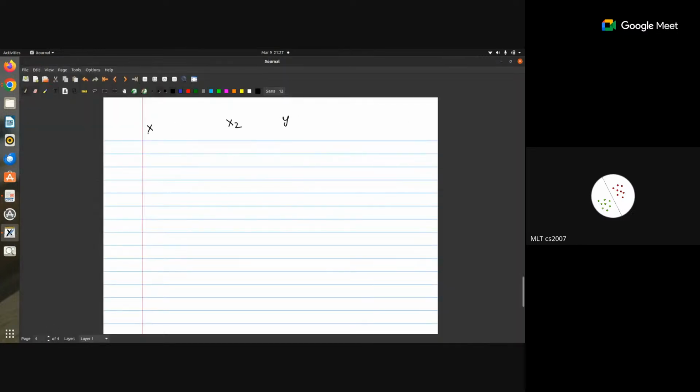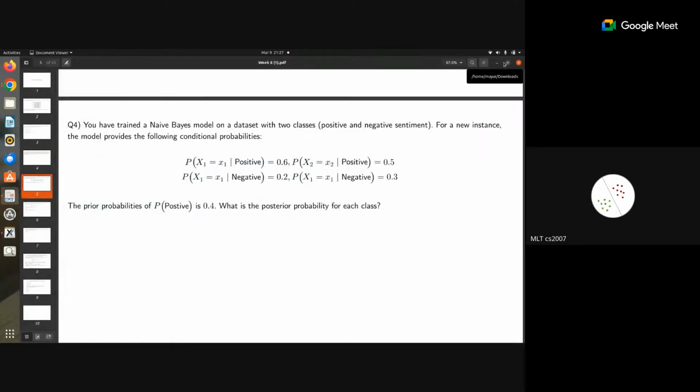So let's say you have x1 and x2 and y. Y belongs to two classes, let's say 0 and 1. I'll say that this is a negative class, and this, or maybe I'll write -1 and plus 1 to differentiate. Positive and negative class.